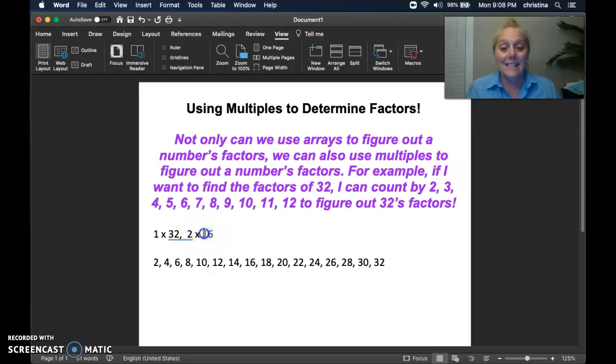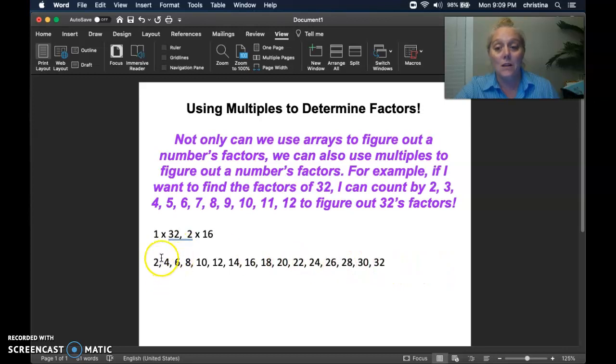Where did we get 16 from? How do I know that 2 times 16 is 32? Well, I typed out the multiples of 2: 2, 4, 6, 8, 10, all the way to 32. Now, to figure out where 16 came from, let's think about how many times I had to do my multiples of 2 to get to 32.